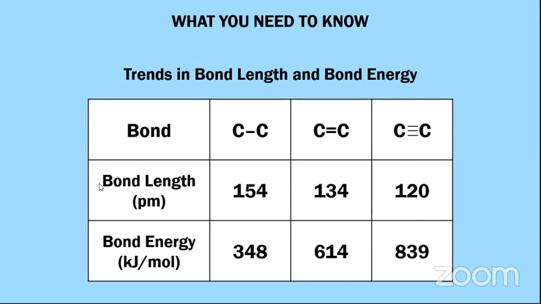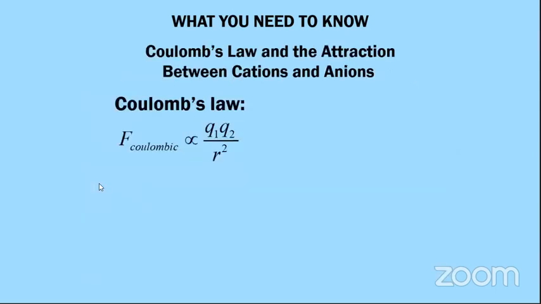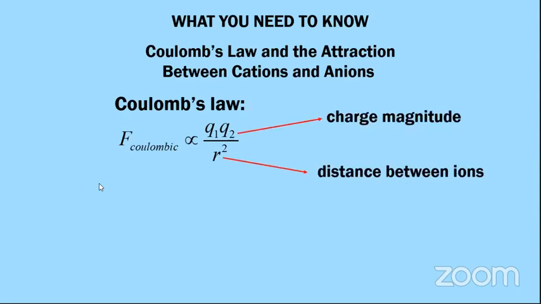All right, I want to talk about Coulomb's law again with respect to the attraction, but this time not between an ion and a water molecule, but between ions themselves, between cations and anions in the crystal lattice of an ionic compound.